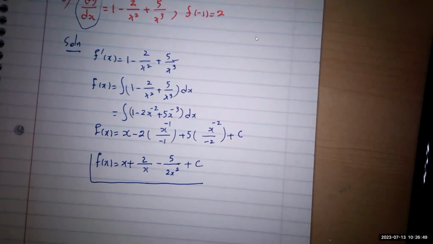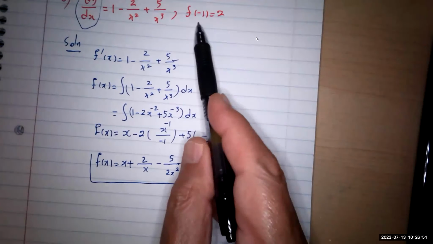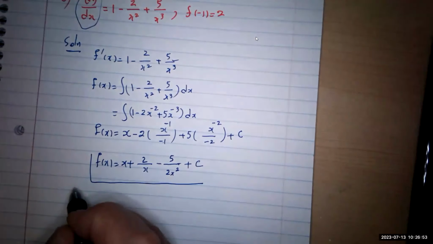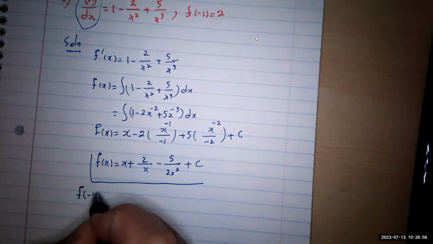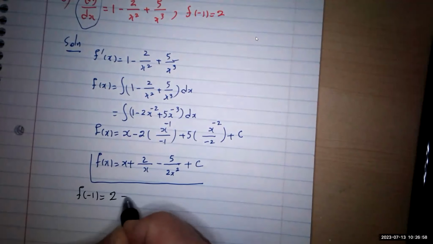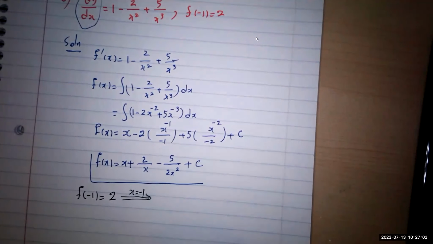But we have an initial condition, so we have to continue. If you don't have an initial condition, you're done, but they give you the initial one. This means plug in x equal to -1 and set it equal to 2.